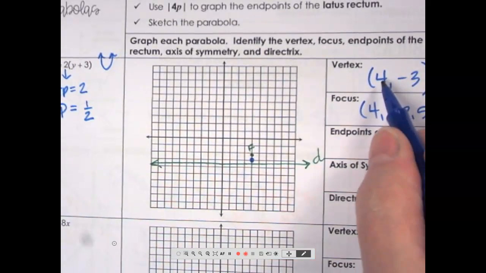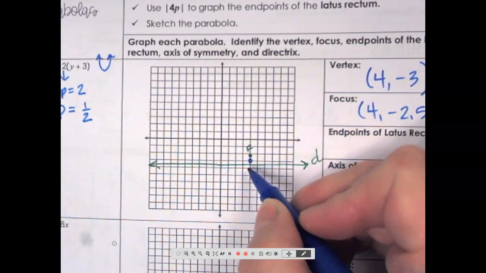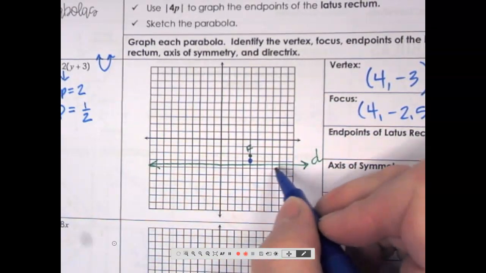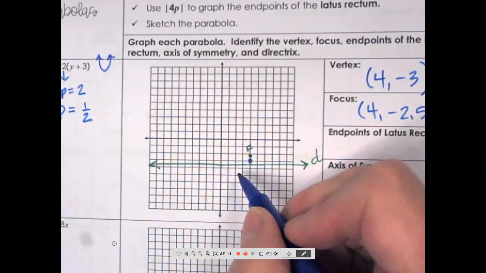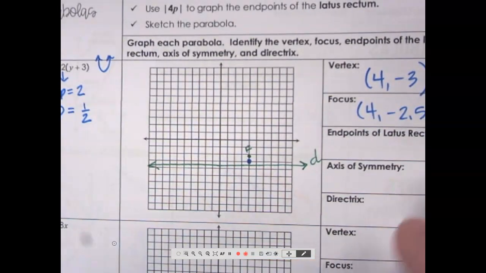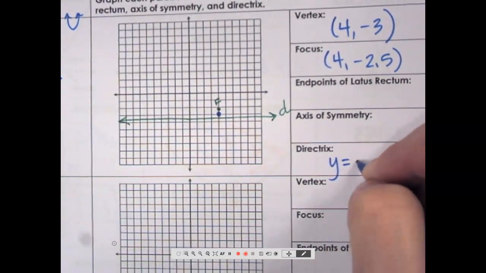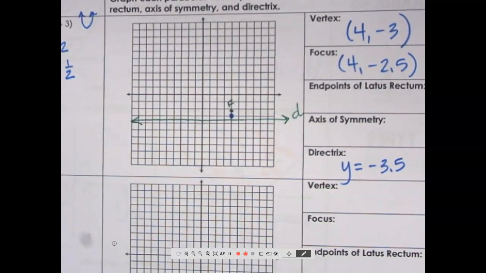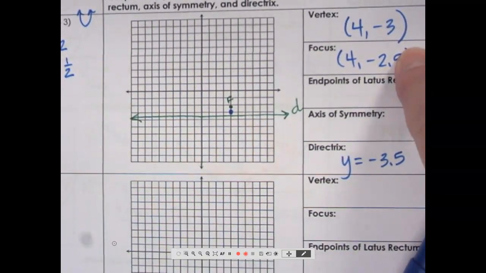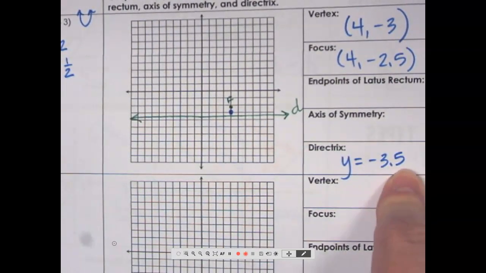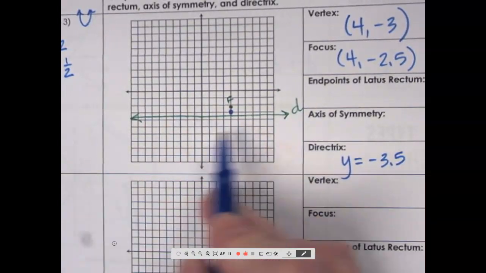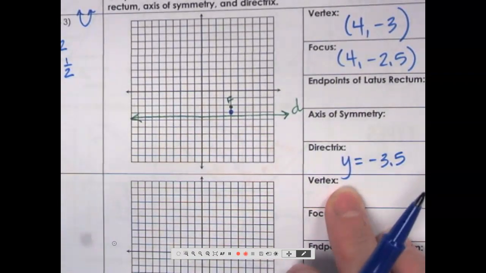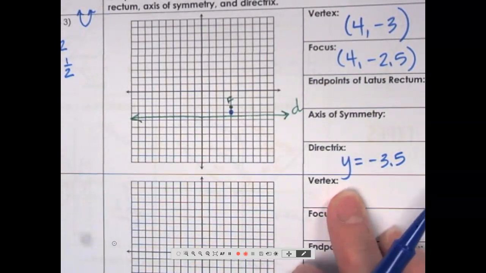If I'm at the vertex of (4, -3) and I drop down 1/2, what's the equation of this line? Y equals -3.5. I went from -3 down 1/2, which puts me at -3.5. It's a horizontal line, so that equation is y equals -3.5.